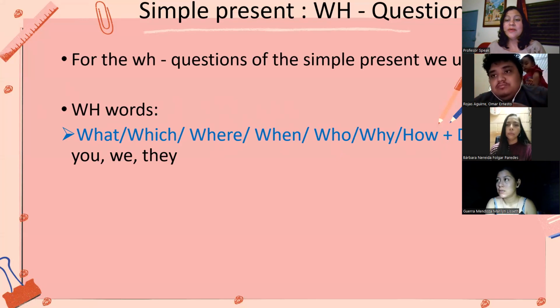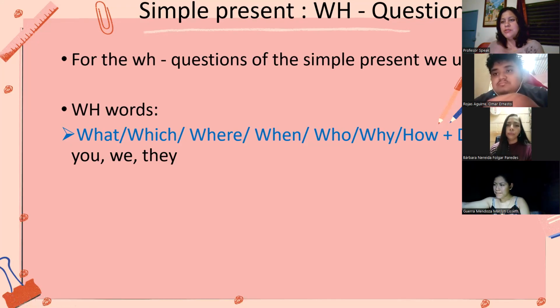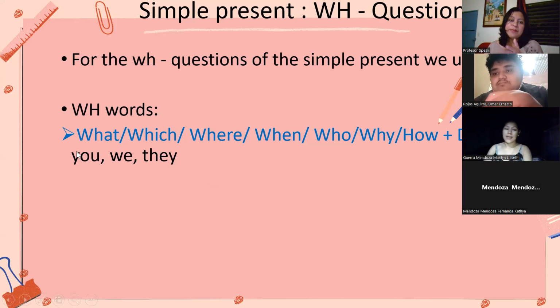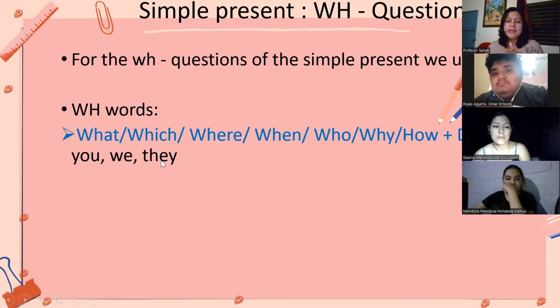Okay, and after we use the WH word, we use the auxiliary do. And after we use do, we are going to use the subject pronouns or a subject, okay? So you can either put the name of the person, or a subject pronoun. It can be any option.